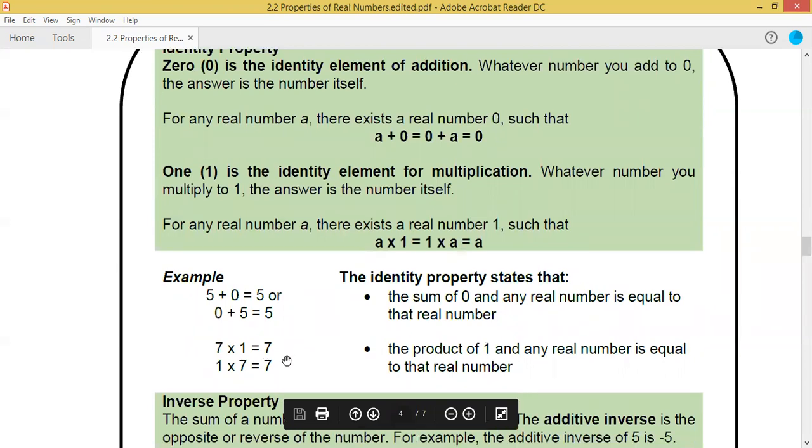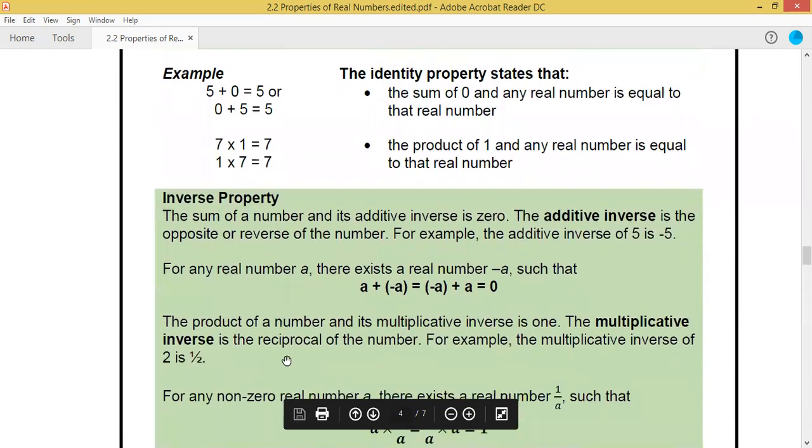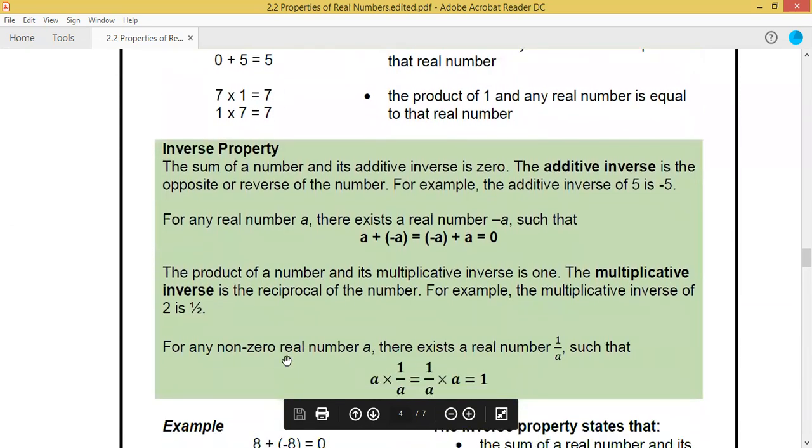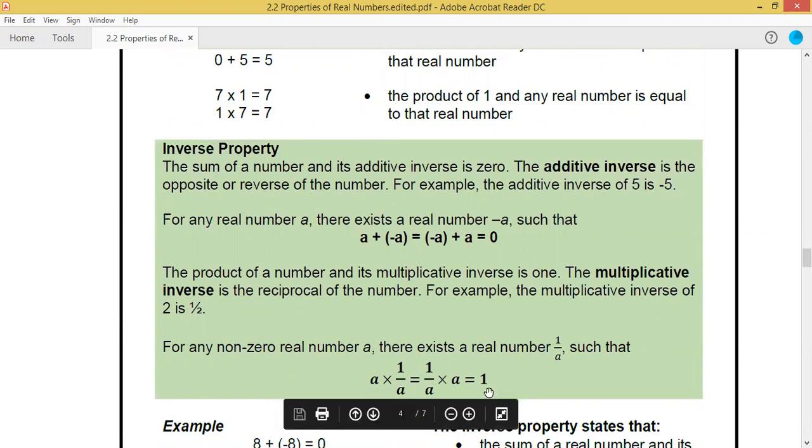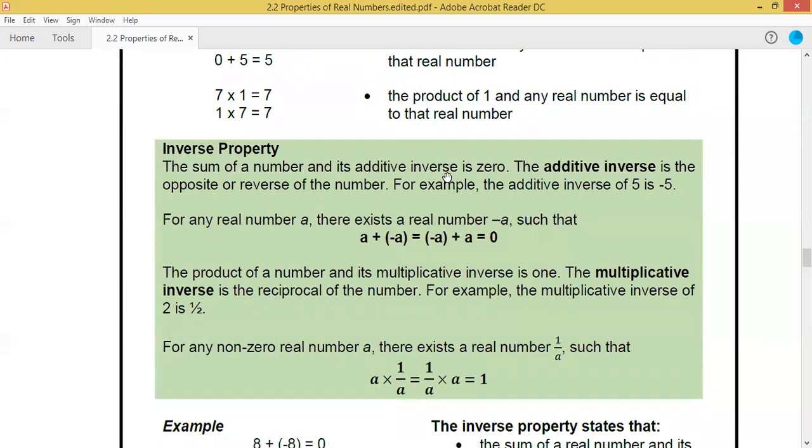Now let's go to the inverse property. If in the identity property 0 is added and 1 is multiplied, in the inverse property 0 is the answer for addition and 1 is the answer for multiplication. In the inverse property, the number is added to its additive inverse.